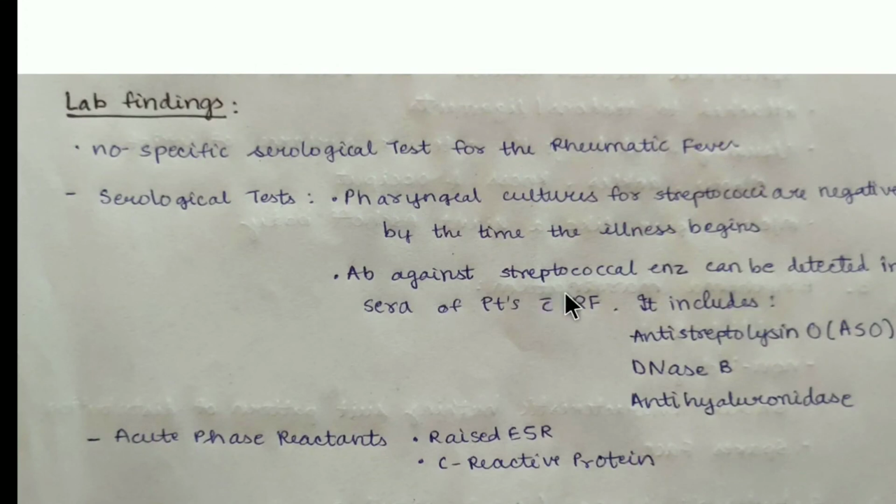Antibodies against streptococcal enzymes can be detected in the sera of patients with rheumatic fever. It includes anti-streptolysin O, DNase B, and anti-hyaluronidase. Acute phase reactants: raised ESR and C-reactive protein.